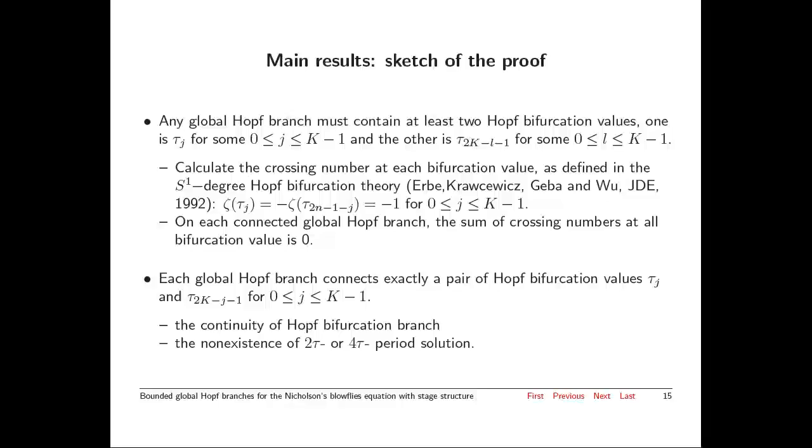Then we can state the second main result: each global Hopf branch exactly connects a pair of Hopf bifurcation values, one from the first J Hopf values and the other from the last J Hopf values. And this is our main theoretical result.